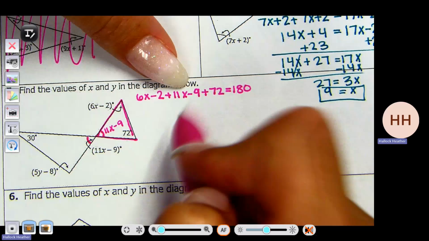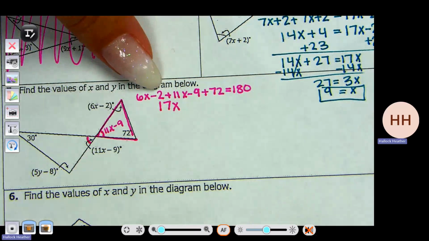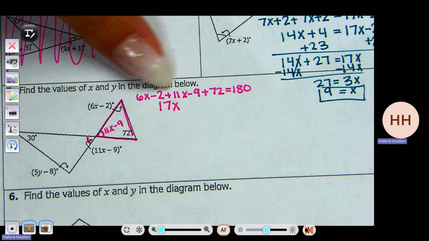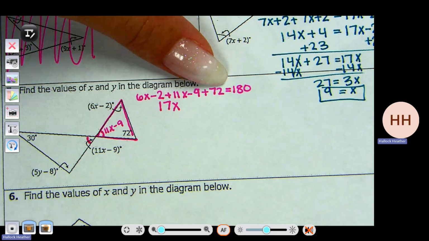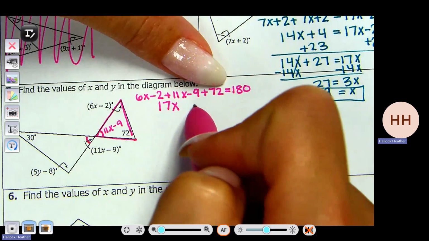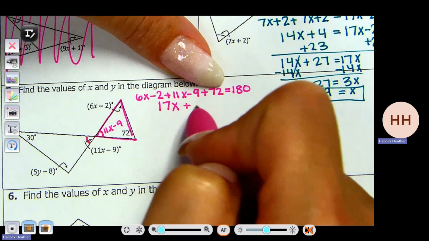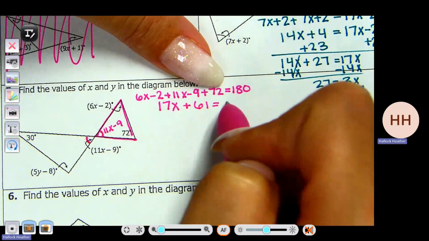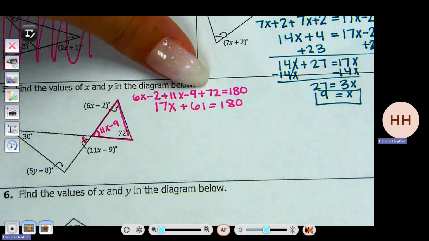That's 17. Then -2 plus -9 plus 72. How much? 61. Oh, that's a negative, yeah, that's 61. So it's a 2-step equation: minus 61 and divide.